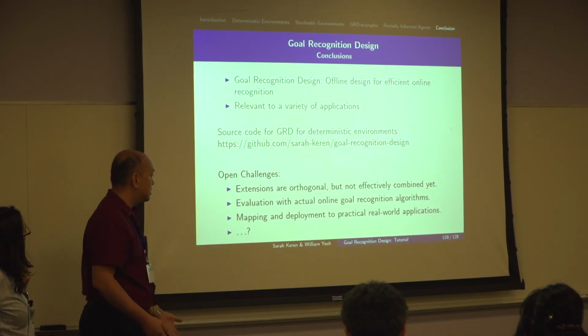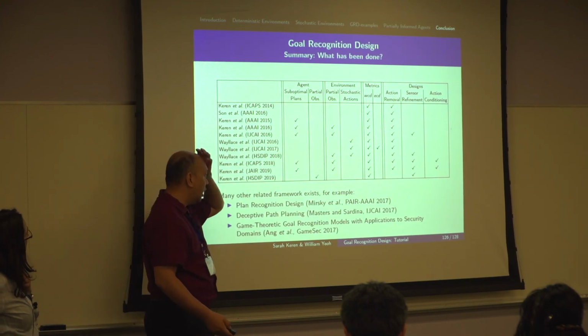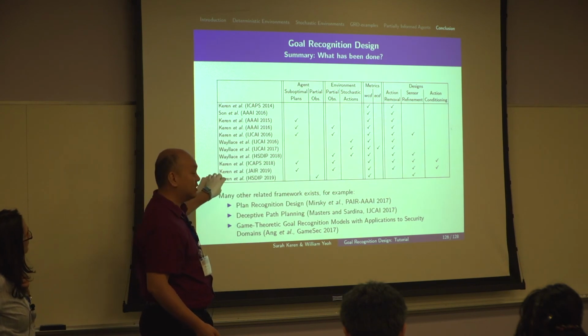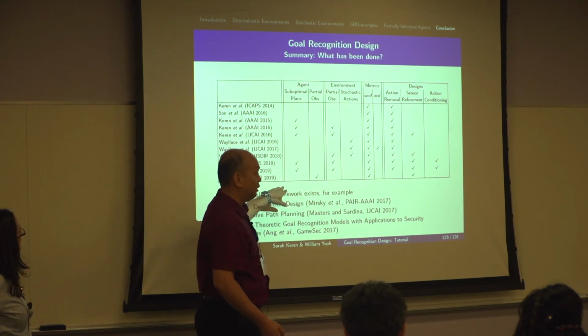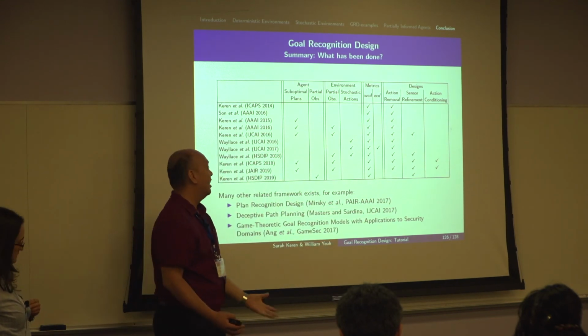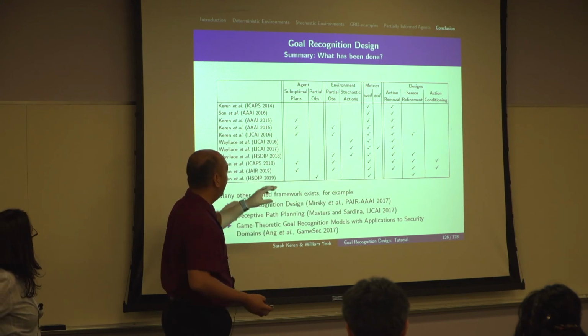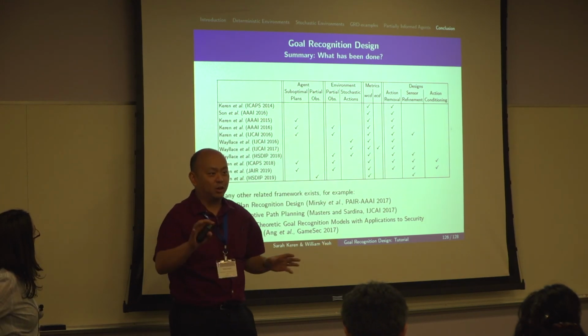And open challenges, I guess. One thing that you can easily see from this table is that ideally there's a line somewhere that has a check mark for everything, right? And obviously that's not there yet. A lot of our work, I guess, has extended the default model in orthogonal directions, right?